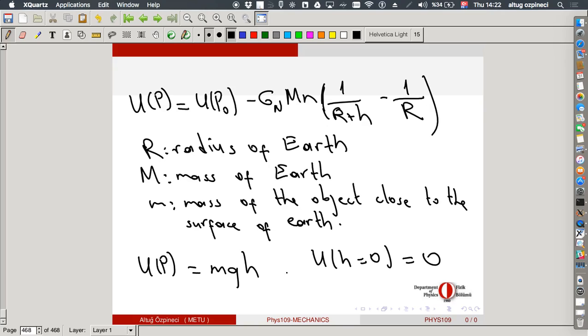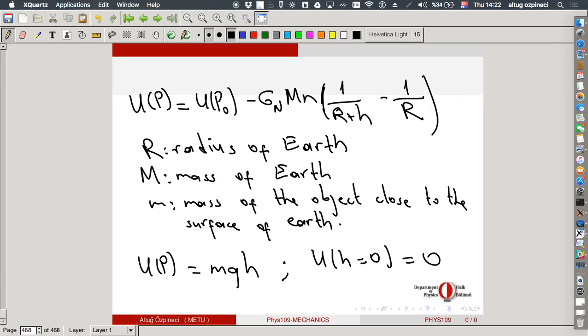So this is one expression for the potential energy, but beforehand we also said that the potential energy at the point P was mgh. In that definition we had chosen some point P0 at h equal to 0, such that U is equal to 0 when h is equal to 0.